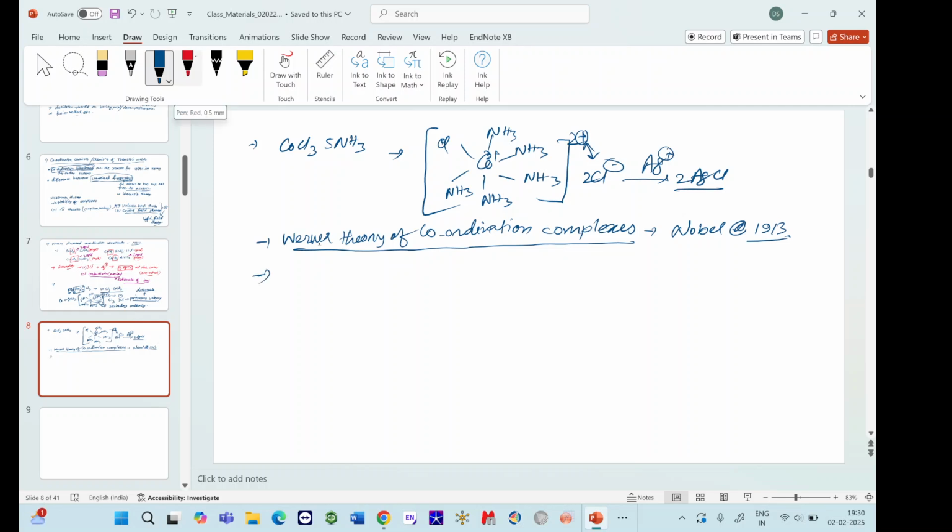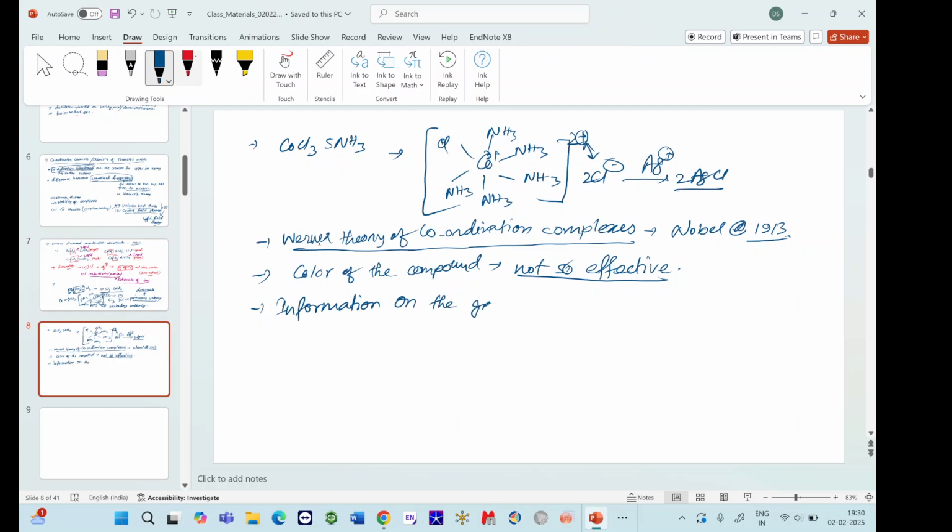So this also tried to explain the color of the compounds, but not so effective. Okay. And we got information on the geometry of the complexes.